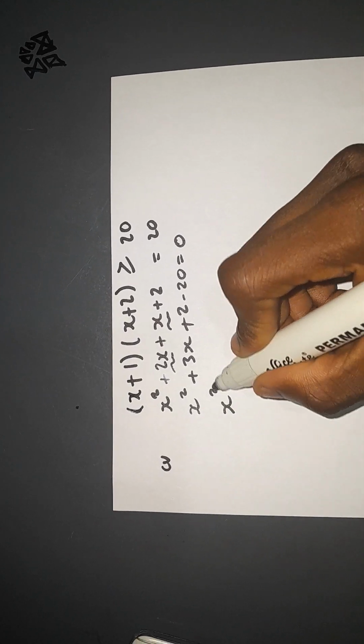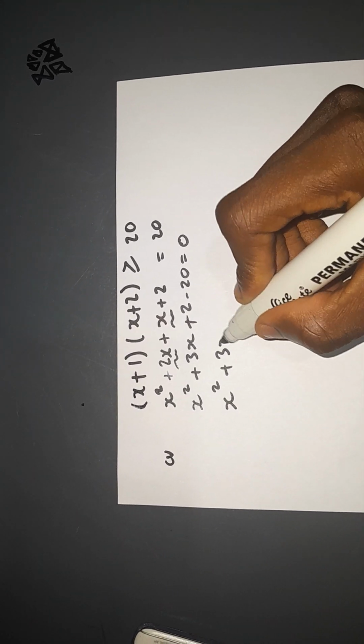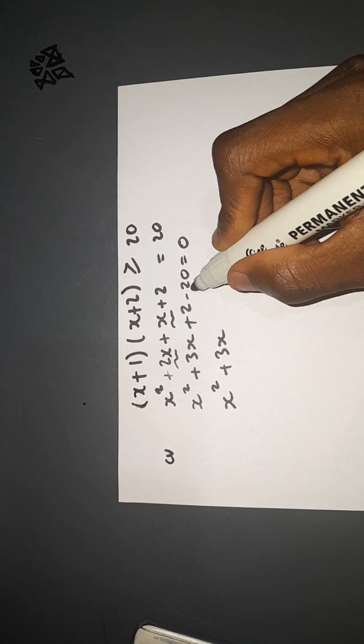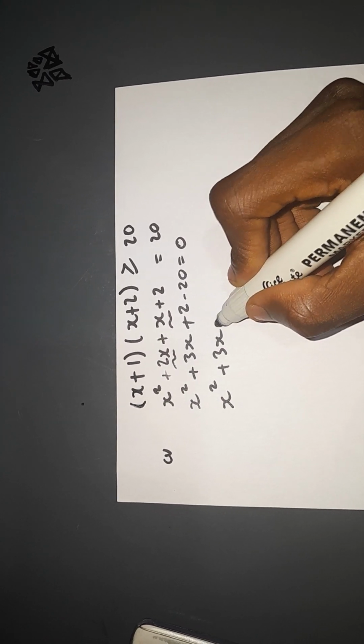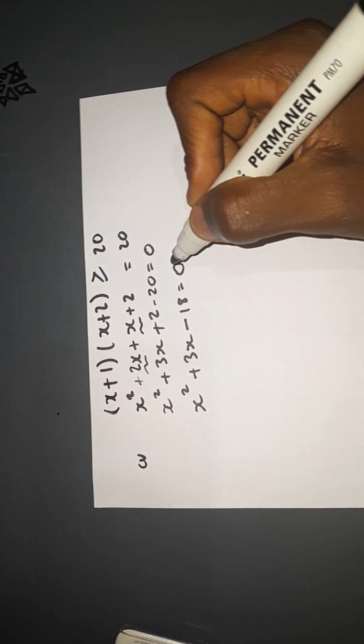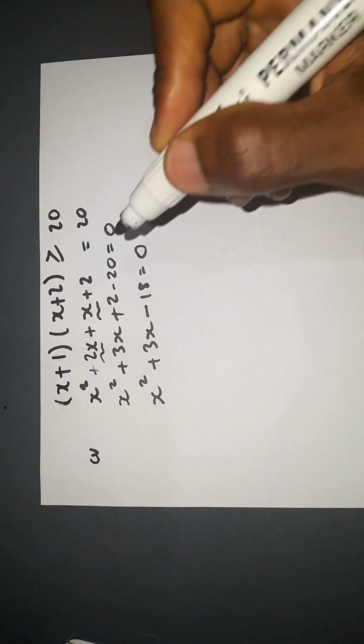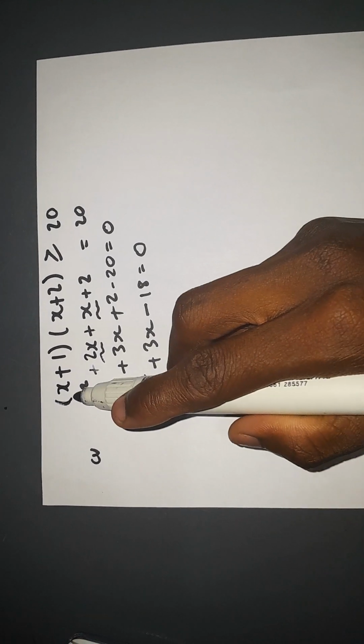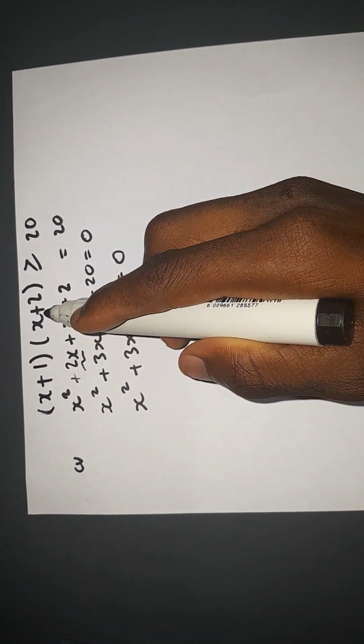So let's do it again. Plus 3x, and here, good, we take the sign of the bigger number and we subtract, which will give us negative 18. So now from here we go back to this step again.